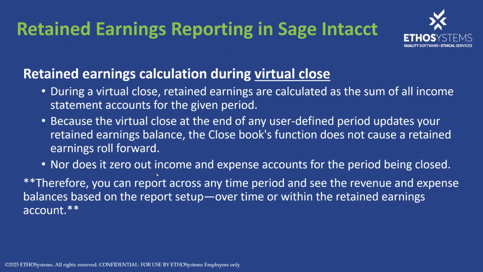So you're going to be able to report across any time period and see that revenue and expense balance based on the report setup, meaning over time or within the retained earnings account. It's talking about the reporting periods that you are selecting.